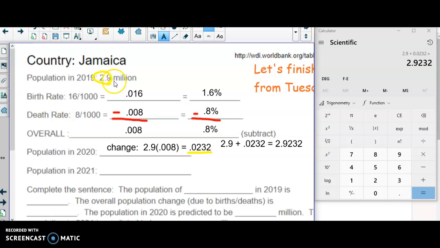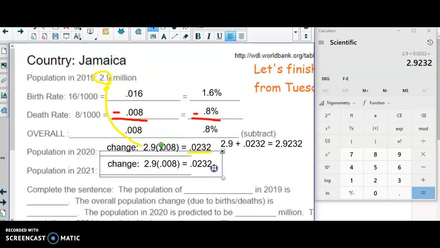Now notice here on we use the change for the previous amount that we had. You see that? So to find our next change, we're going to use almost the same formula. The only difference is this starting number is going to change, and the result obviously is going to change.